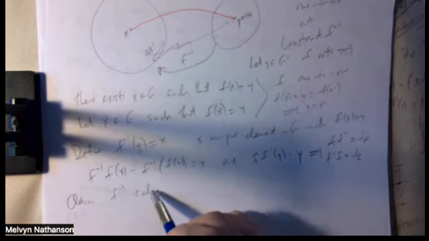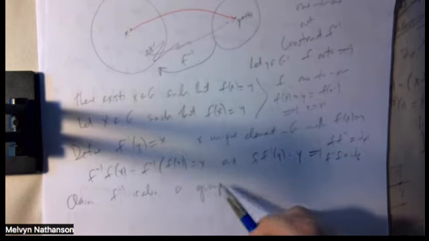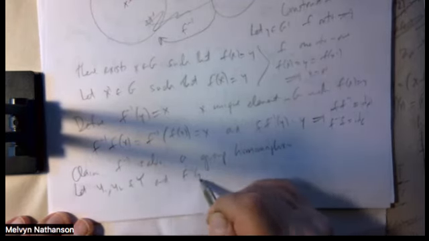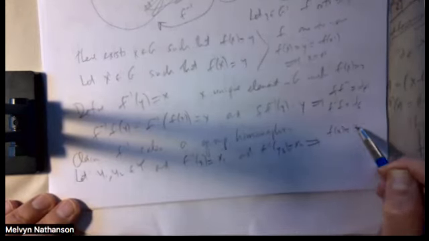So this f inverse is unique, and I have to show that f inverse is also a group homomorphism. So let y1, y2 be in G prime, and f inverse of y1 equal x1, and f inverse of y2 equal x2. So this means that f of x1 equals y1, and f of x2 equals y2.